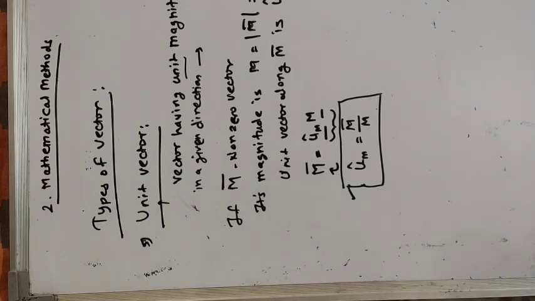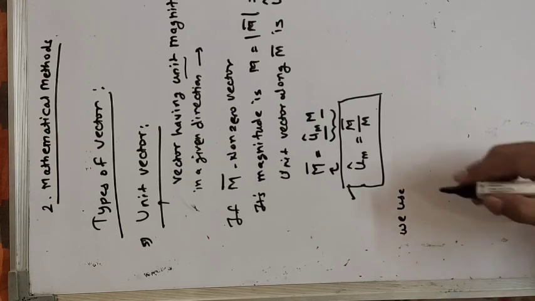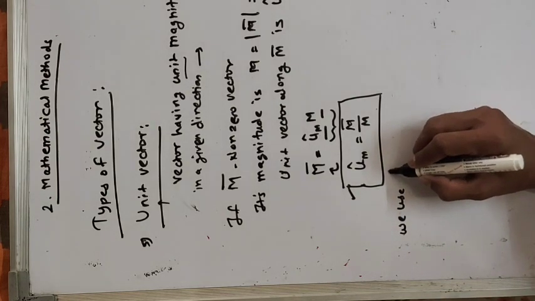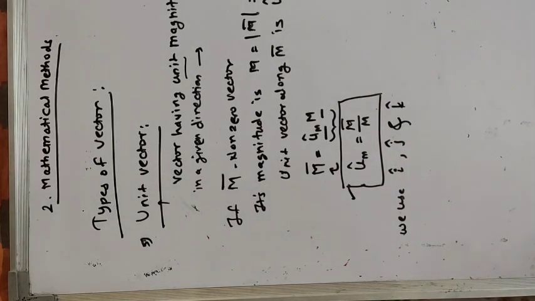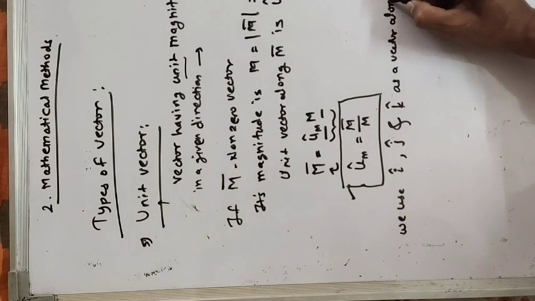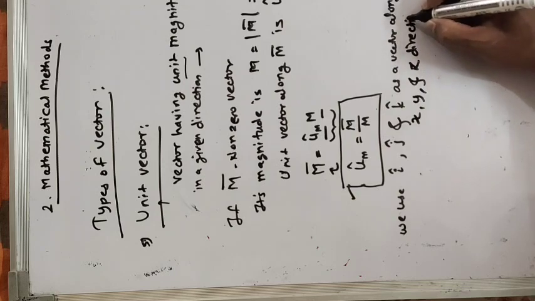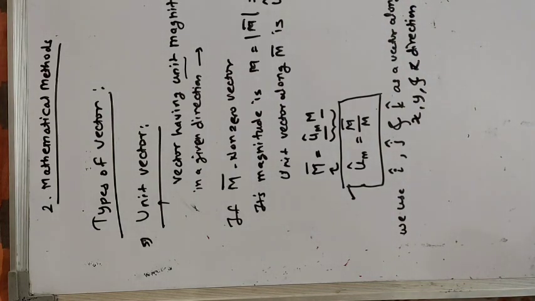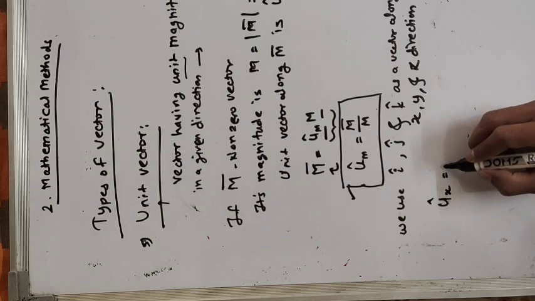If we think about the three-dimensional rectangular coordinate system, we use i, j and k as unit vectors along the x, y and z directions. Then ux cap is the unit vector along the x direction, given by i cap.